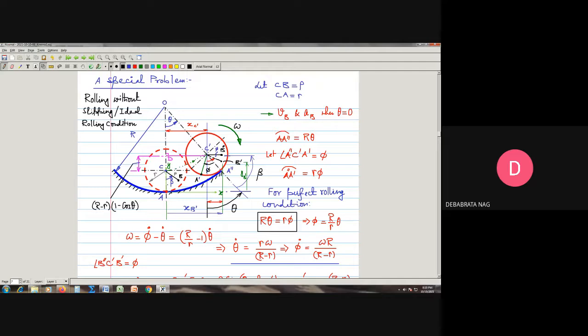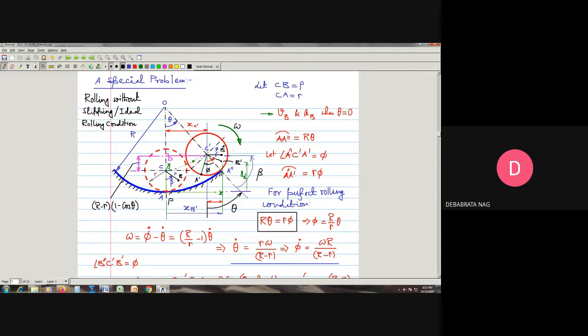So if we define this origin by the point P, then we see that this radial line CA is making an angle 0 with respect to this reference line.